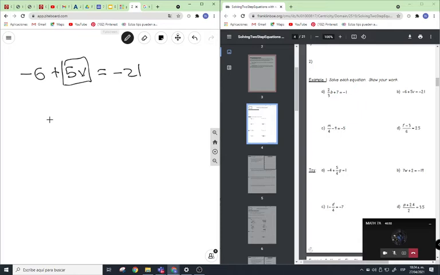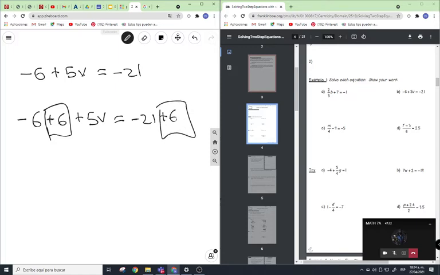And we can get rid first of the negative 6. So plus 6, in order to get rid of that, and the rest comes down normally, 5v. But remember, we added 6 on this side, we also have to add 6 on the other side, in order to maintain the balance.